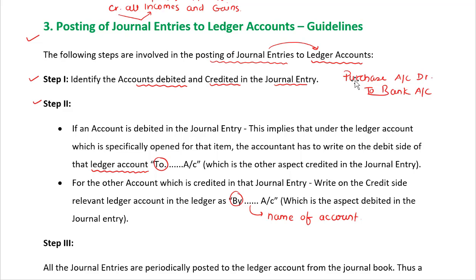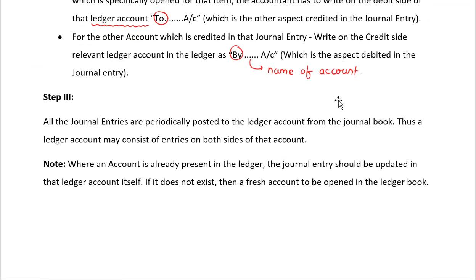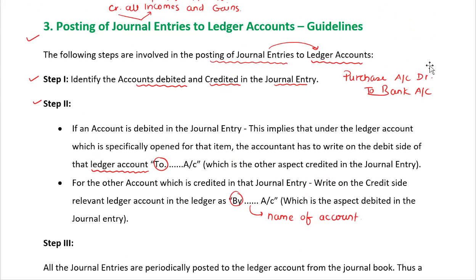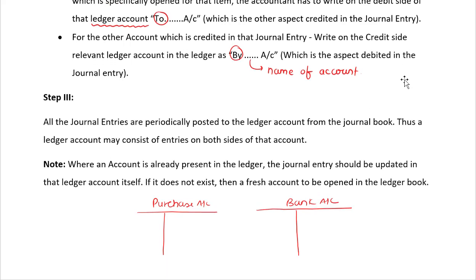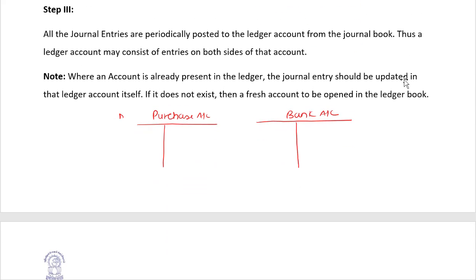While making the ledger posting, how will we do it? Just see it over here. I'm making a small ledger posting. This is the purchase account. This is the bank account. Purchase account debit to bank. On the debit side of the purchase account, we will write "To bank" and the amount.